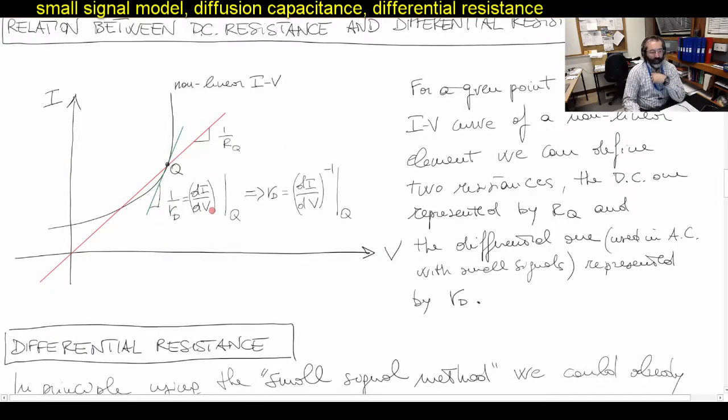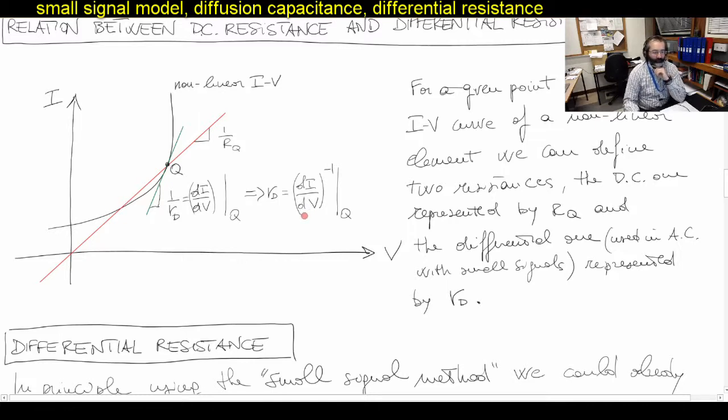On the other hand, as we just said, the differential resistance is related to the slope of the tangent in Q, and this relates to 1 over Rd. Rd is the differential resistance. So 1 over Rd is the derivative dI/dV calculated in Q, and so Rd is the inverse of that derivative.